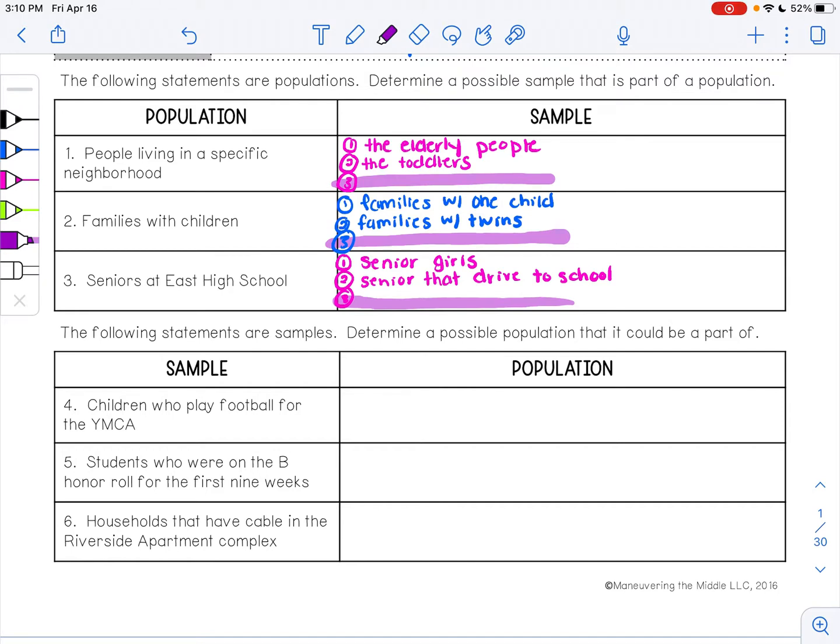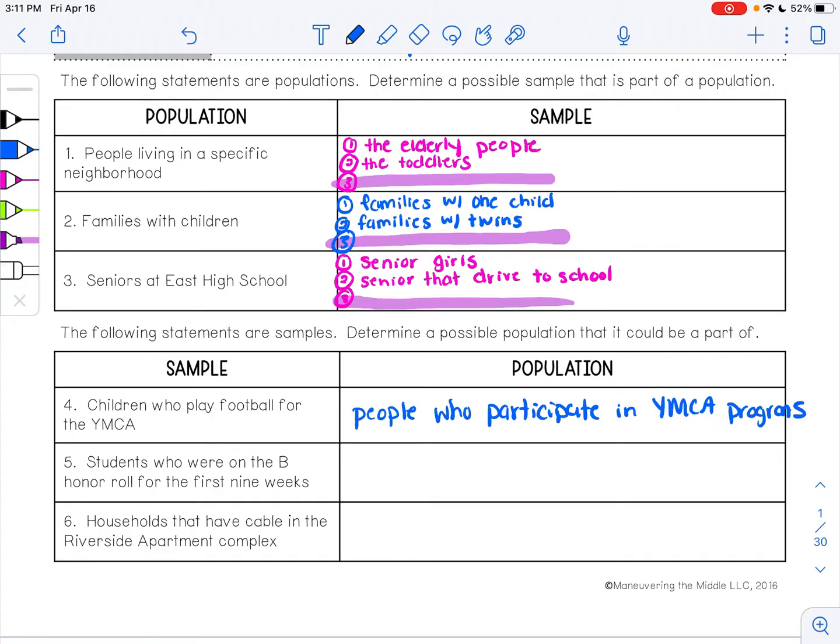So if you have children who play football for the YMCA, the population could be people who participate in YMCA programs. So a much broader category than just football. So we went from just football to a bigger category of all of the programs.